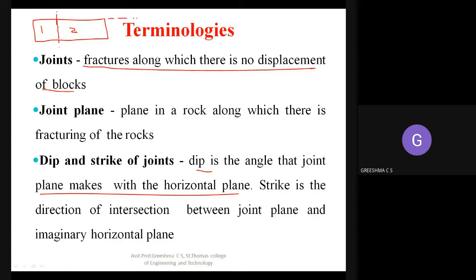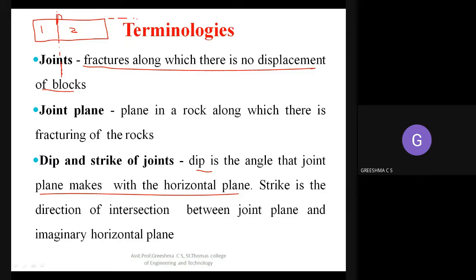The angle that the joint plane makes with the horizontal is called dip. So what do you mean by dip? Dip is the angle that the joint plane, this joint plane over here, makes with the horizontal.